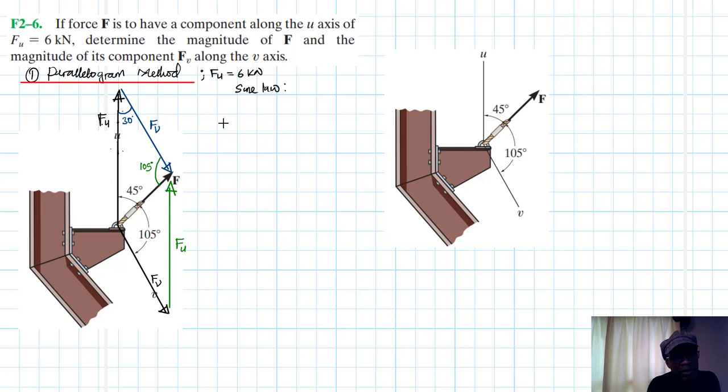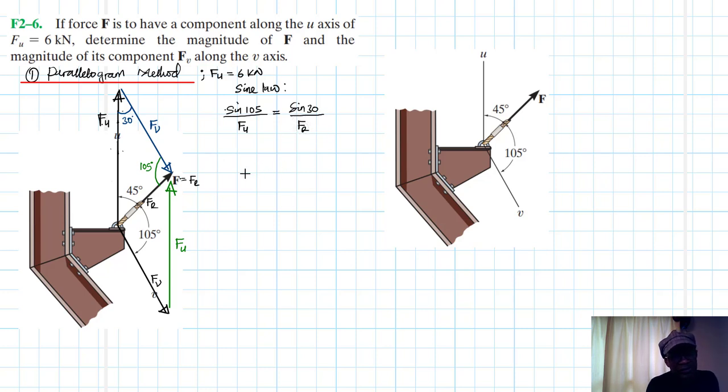So let's start: sine 105 divided by Fu equals, and this one here is our resultant, this F is equal to F resultant, so this is equal to sine 30 divided by FR.